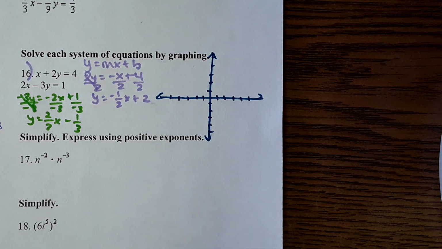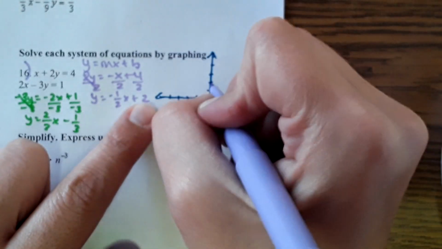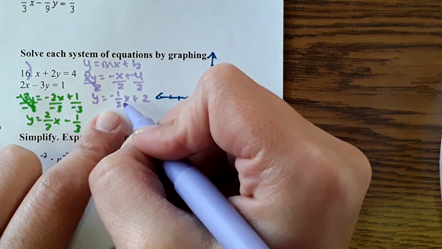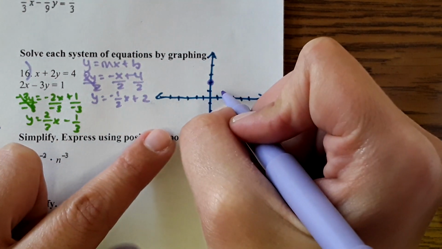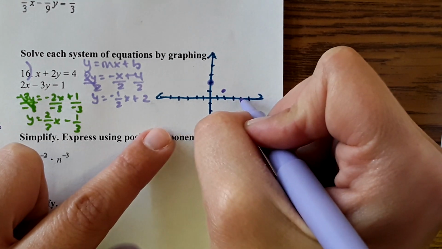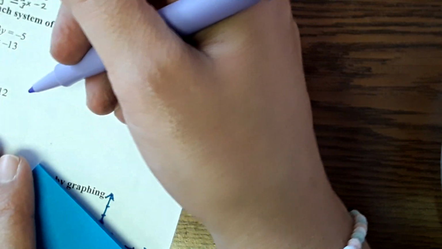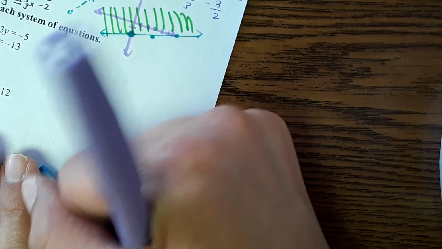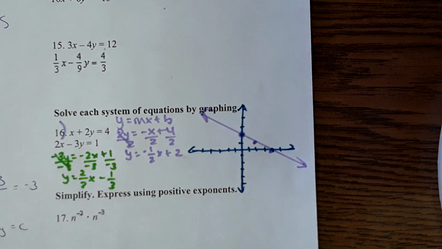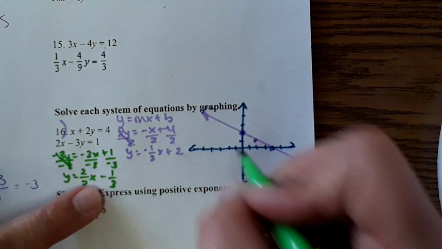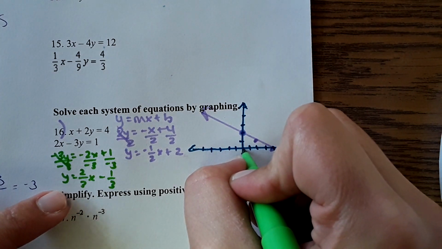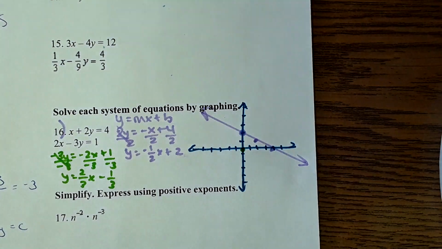Okay, so for the purple one, the y-intercept is at 2, and then the slope is -1/2, so that's down 1 over 2, down 1 over 2. Cool. Then for the green, y-intercept is at -1/3. That's kind of annoying, but all right. Right there.